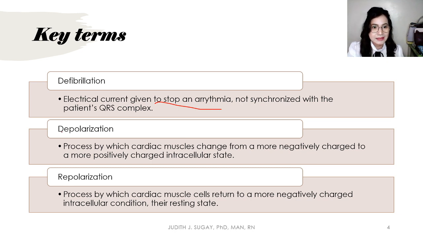Depolarization is the process by which cardiac muscles change from a more negatively charged to a more positively charged intracellular state. On the contrary, repolarization is a process by which cardiac muscle cells return to a more negatively charged intracellular condition, which is also referred to as their resting state.